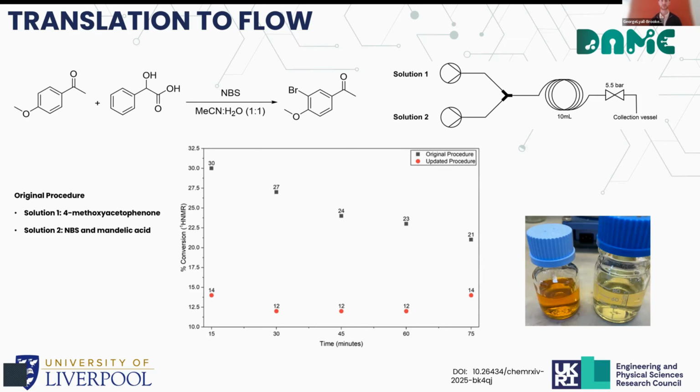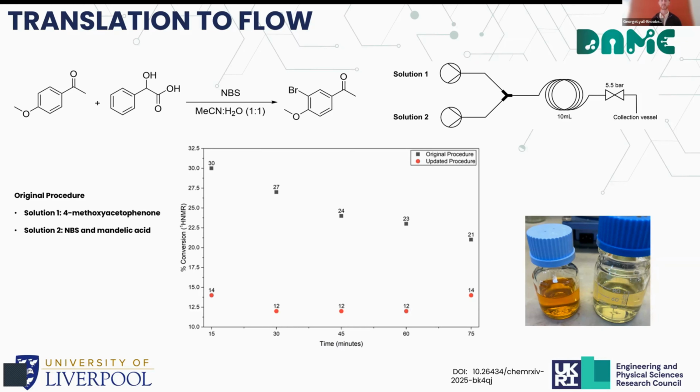We conducted an initial stability screen where, over a 15-minute residence time at a temperature of 50 degrees, we ran the reaction for 90 minutes, collecting a sample every 15 minutes and measuring the percentage conversion of each sample. As you can see, conversion here started at 30%, and by the final sample had reduced to 21%.